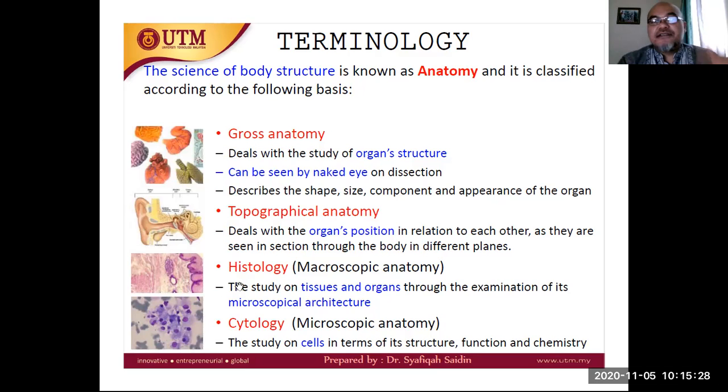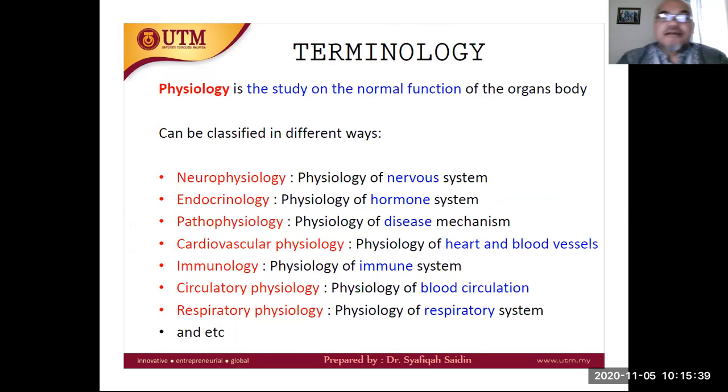So at any of these levels of anatomy, whether gross, topography, histology, or cytology, there are different types of instrumentation required to do the diagnostic. And we have spoken a little bit about several examples of various different systems in the human body where the instrumentation may be aimed.